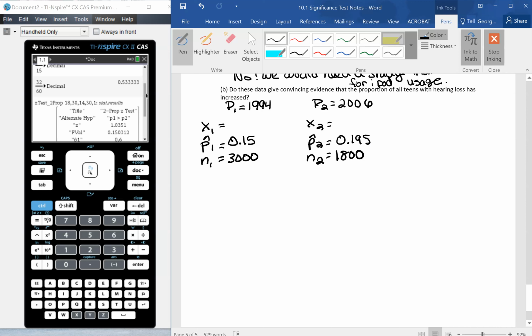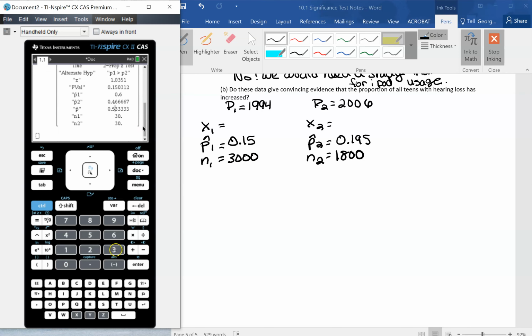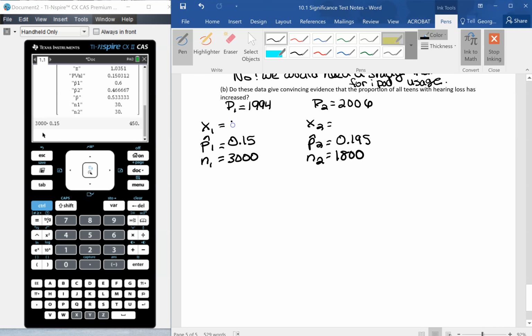Now to find successes, we just need to multiply those together. So we're at 3,000 students, and 15% of them have hearing loss. 15% of 3,000 is 450.